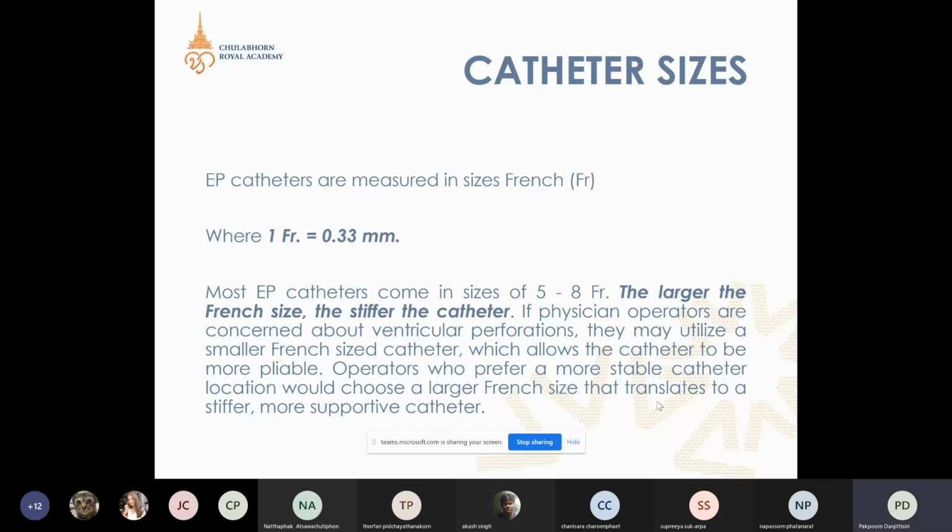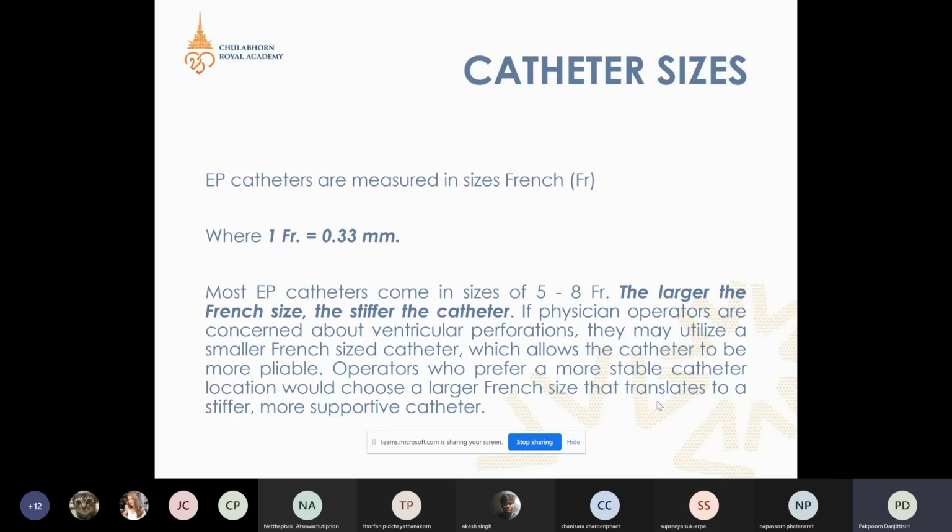But actually, at present, the doctor can have multiple choices for the French size of the catheter.